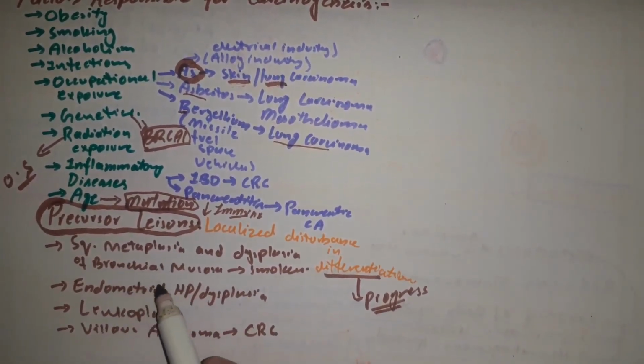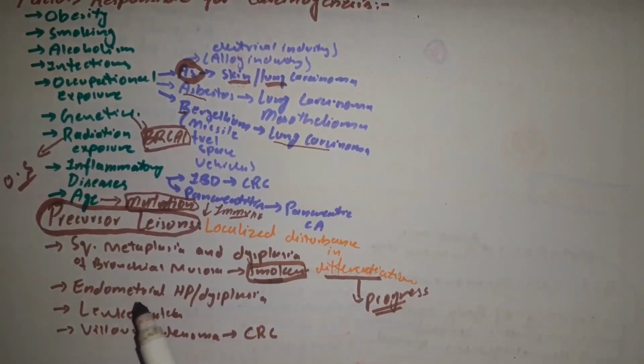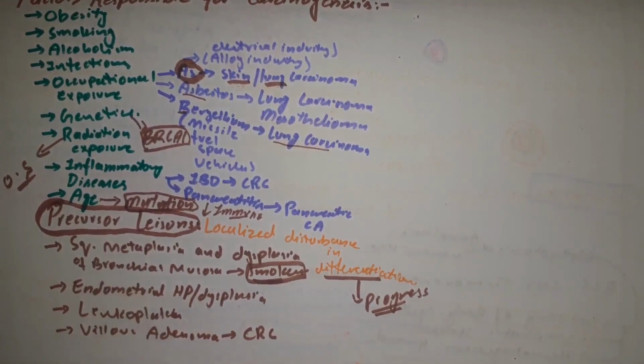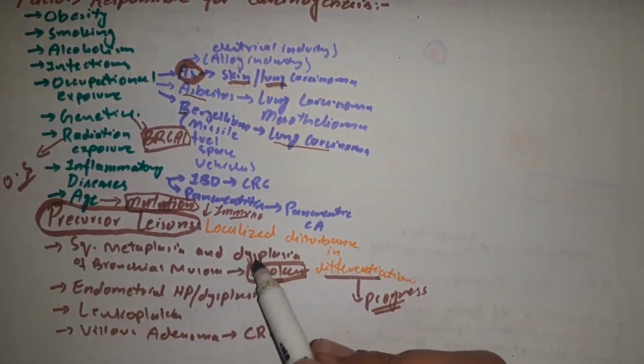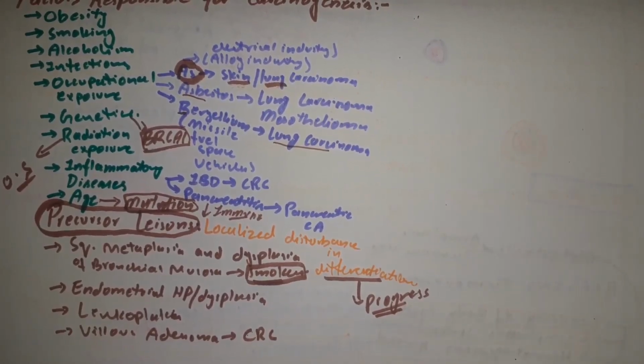For example, in case of smokers, the respiratory epithelium shows squamous metaplasia. It means it is replaced by squamous epithelium, and dysplasia or dysplastic growth, which can lead to the development of lung carcinoma or bronchogenic carcinoma.